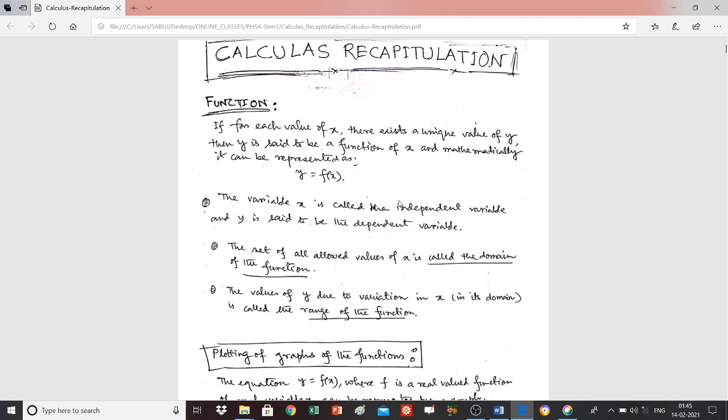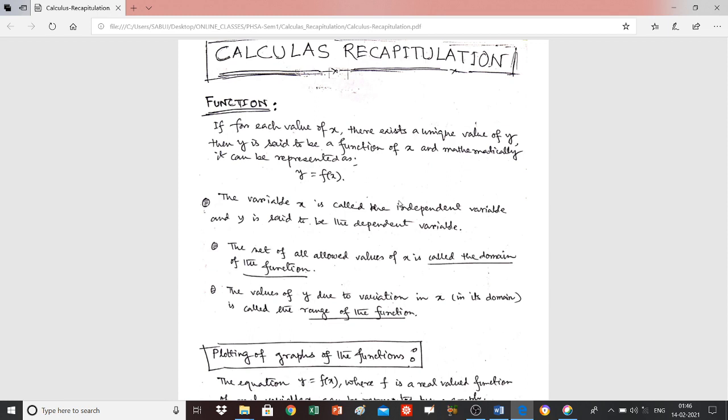If you are given a variable y which depends on x, and the value of y is unique for a certain value of x, that is the function y. If y has a unique value for a given value of x, then the variable y is said to be a function of the variable x.